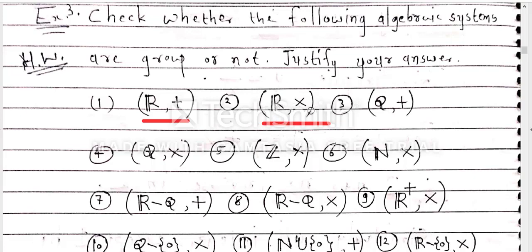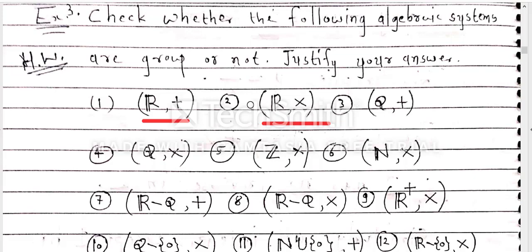Similarly, we know that multiplication of real numbers is associative, so the second property is also satisfied. What about the identity element in R with respect to multiplication? If we multiply any real number with 1, we get our real number back. So 1 is the identity with respect to multiplication in the set of real numbers.